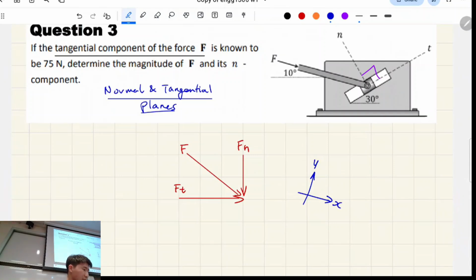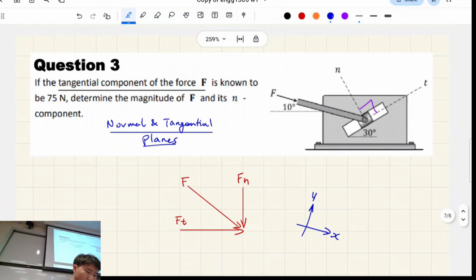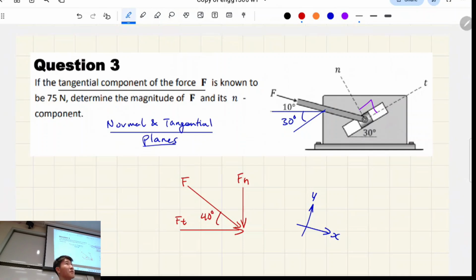One thing you have to note is how these angles work. This force is actually coming at the tangential plane at a 40-degree angle, because the slider's at a 30-degree angle within the block. So this angle here is going to be 40 degrees added up from the tangential plane.